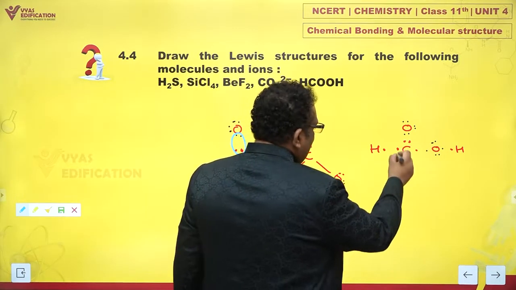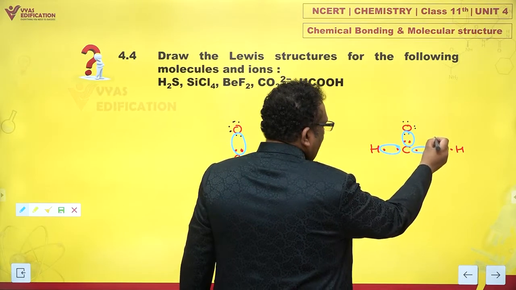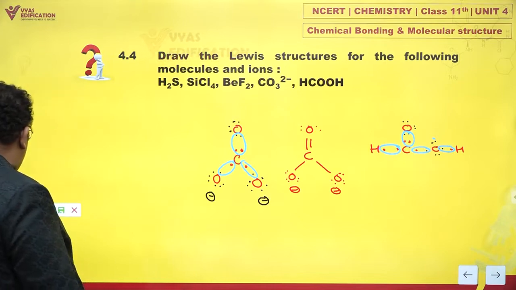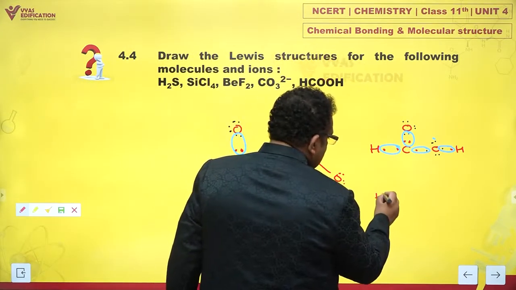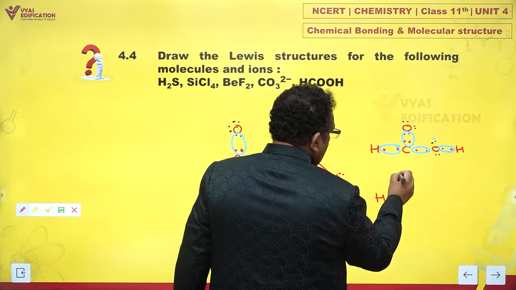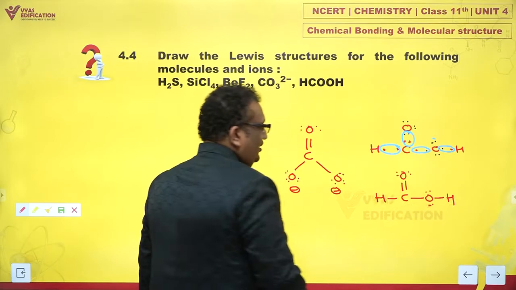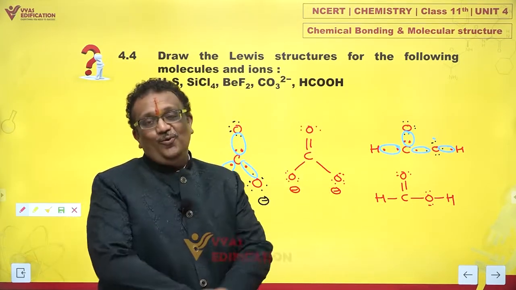That's not very difficult. 1 double bond like this. Right? So these are the electron sharing structures. Or otherwise HCOOH. This is the Lewis dot structure for formic acid, HCOOH.